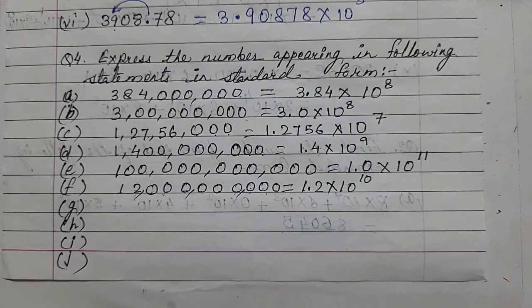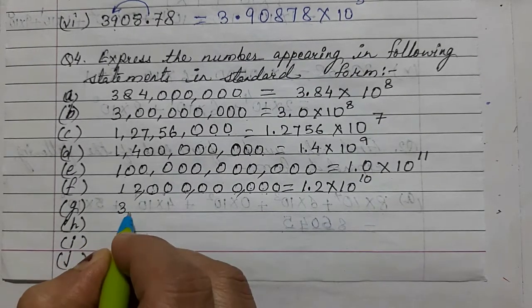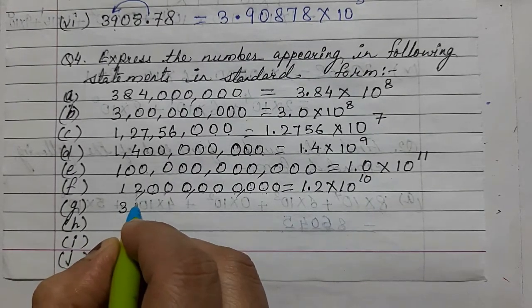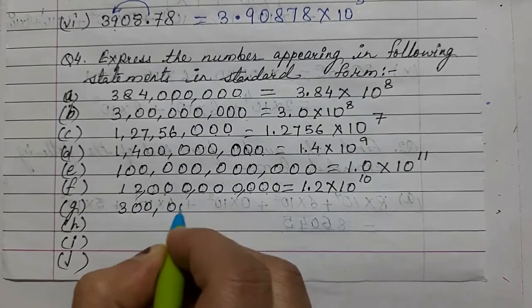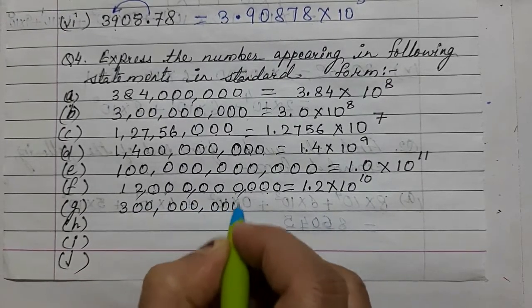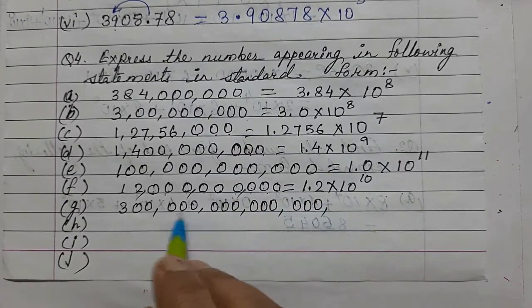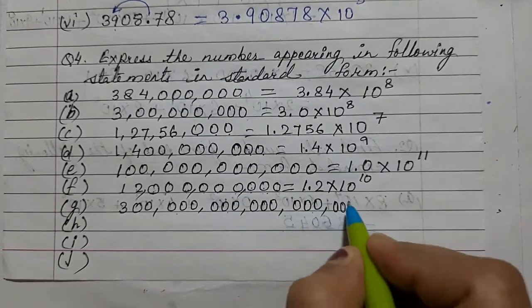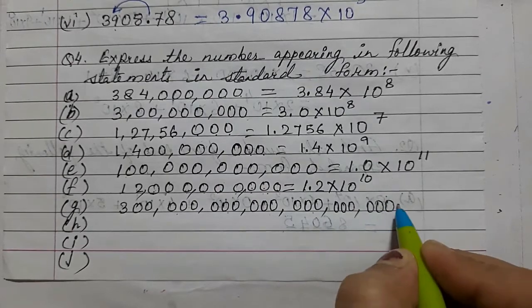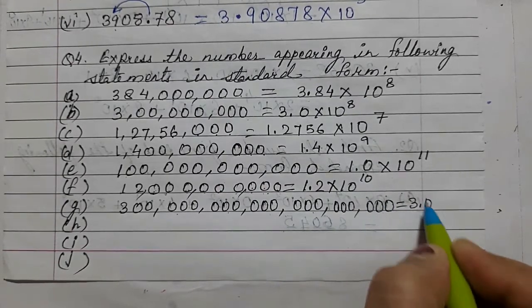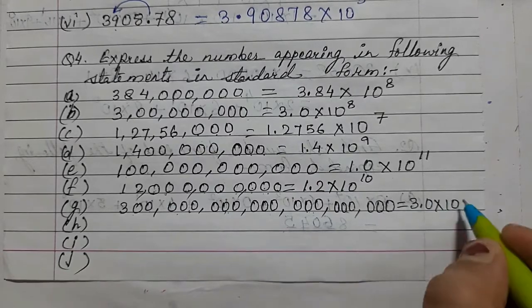G. 3 and now count the number of zeros. So 3.0, 10 to the power.